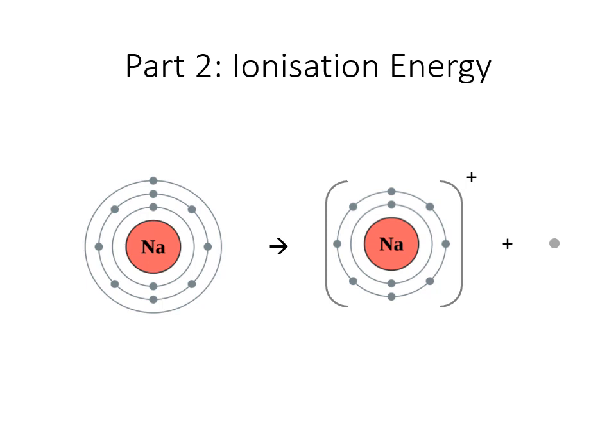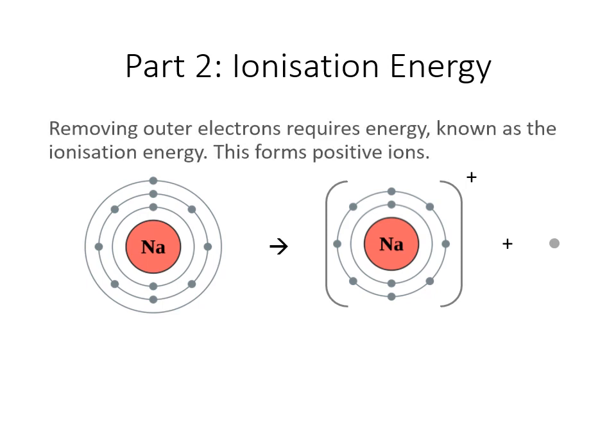Now the amount of energy required to remove the outer electron in the sodium atom is what's known as the ionization energy. And we can come up with a more specific definition for the ionization energy, which is as follows.